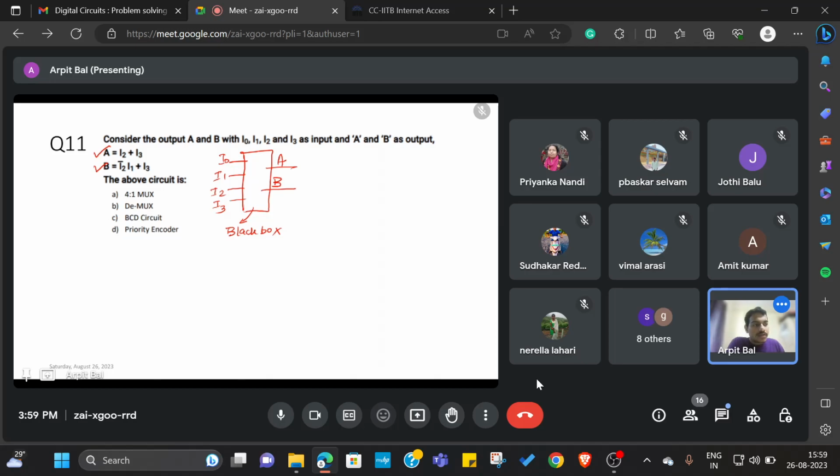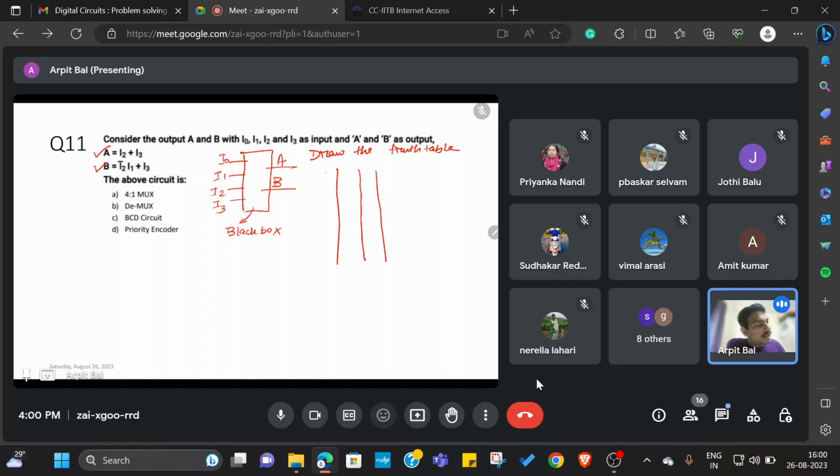Whenever you arrive at such a question, the first thing that you need to do is draw the truth table. In this case, in neither of the equations is I0 used.